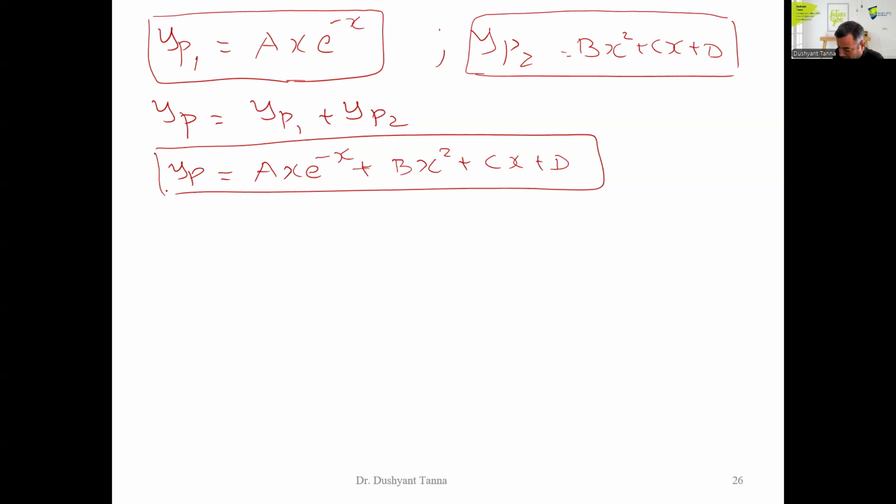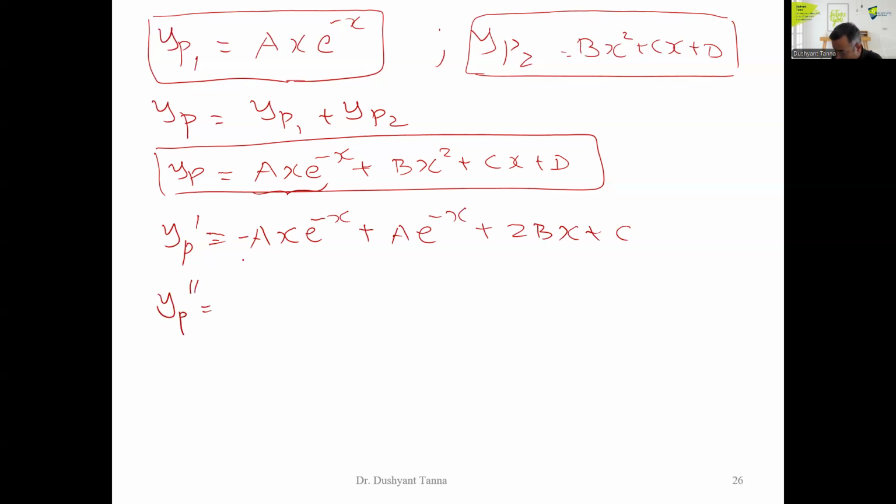Okay, right. So YP dash. UV rule here, rest everything is fine. So Ax e raised to minus x differentiation is minus Ax e power minus x, plus A e power minus x, since Ax differentiation is 1. This is 2Bx plus C, D is 0.